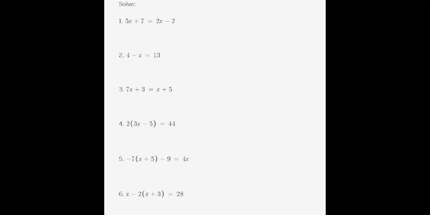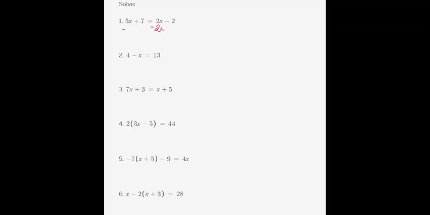So we're going to isolate the variable, but on problem number 1, there's variables on both sides of the equation. So what we need to do is move all the variable terms to one side of the equation, and all the terms that have no variables, all the constants, to the other. So I'm going to do that by taking this 2x and moving it from the right to the left. So the way that I do that is that's 2x minus 2, but you're adding the 2x there.